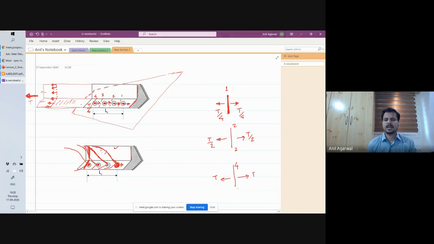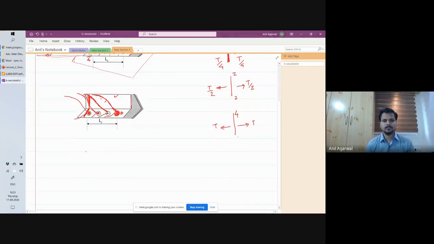So basically what it means is that if you had only one bolt, let's say I had only one bolt in my joint, then where would the critical section have been as far as net section rupturing is concerned?